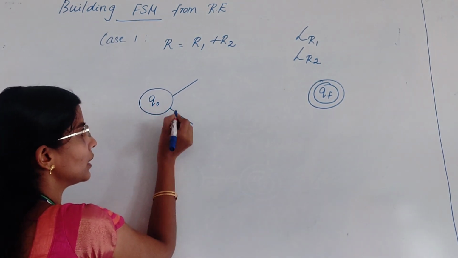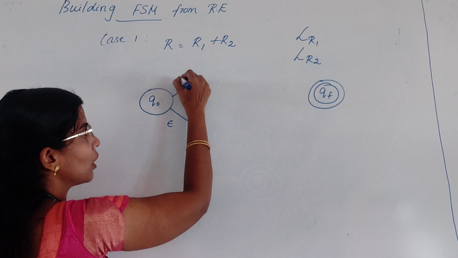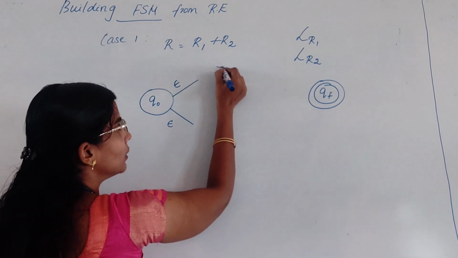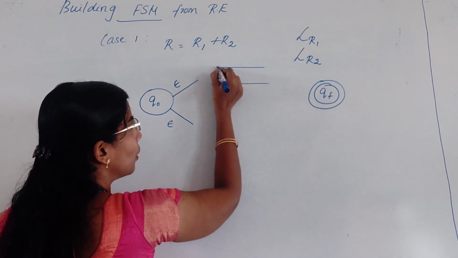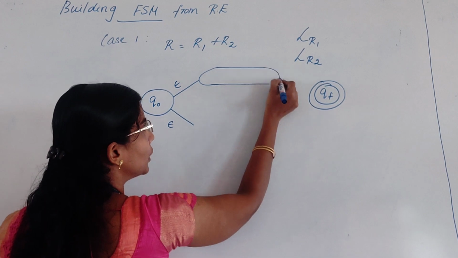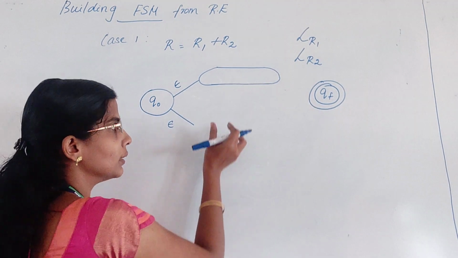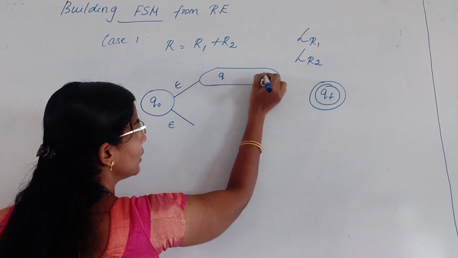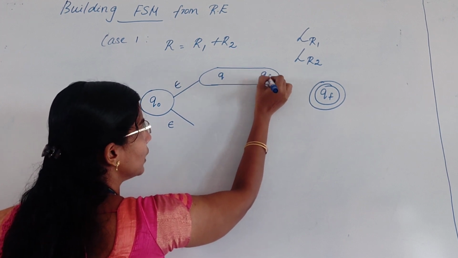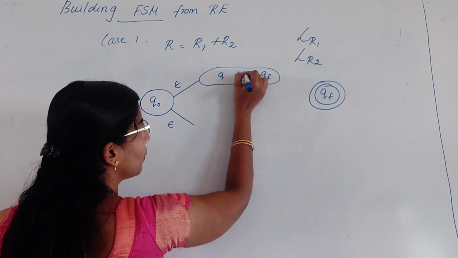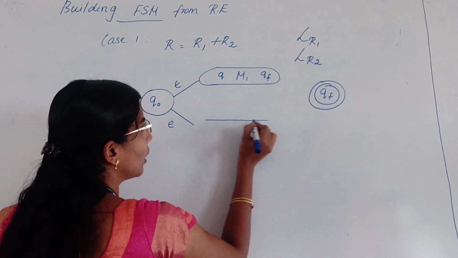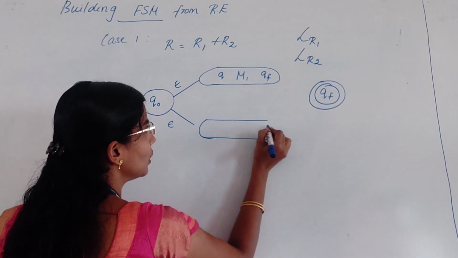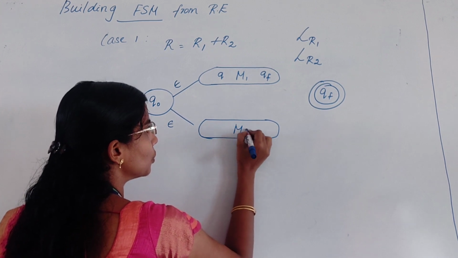As I said, after start state, I have to add an epsilon. And this is my machine 1. This machine has a start state and it has a final state. This is machine 2.